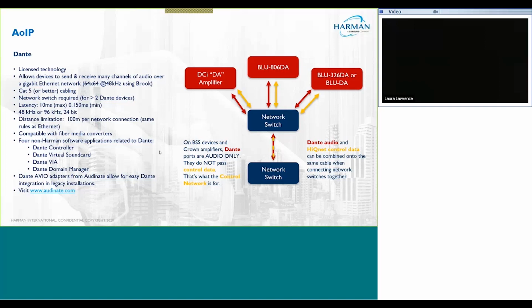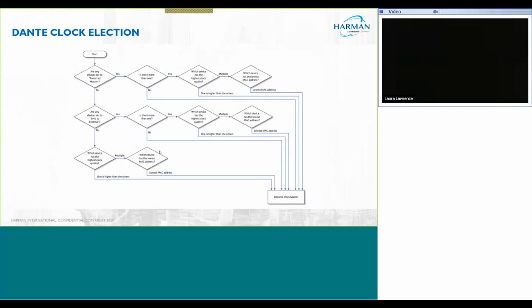Master clock. Dante has a built-in system for what's called clock election, where it chooses your master clock. What I've done in my Dante Controller is actively set my own preferred master, and I made the BLU 806 the primary master.